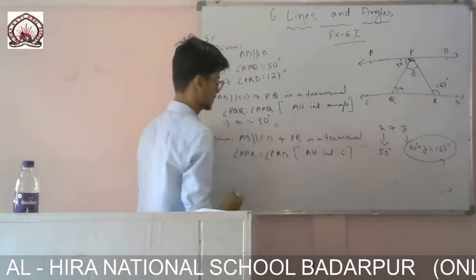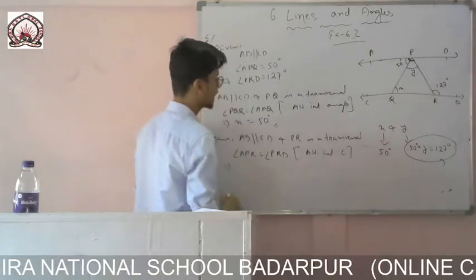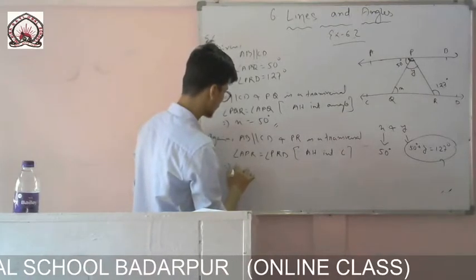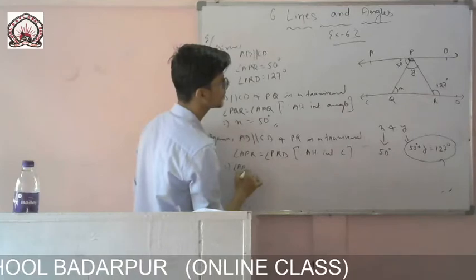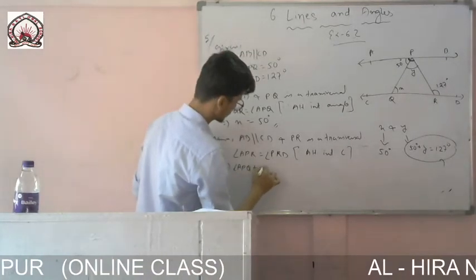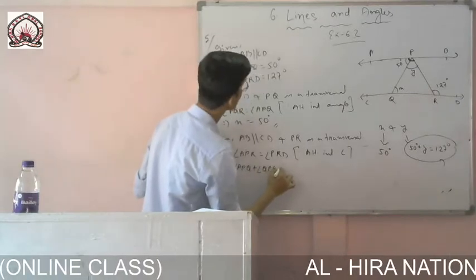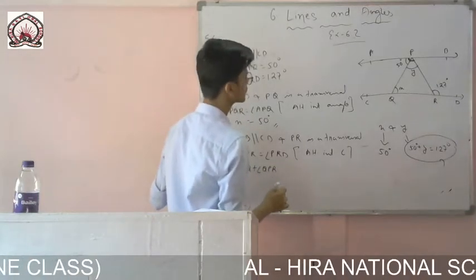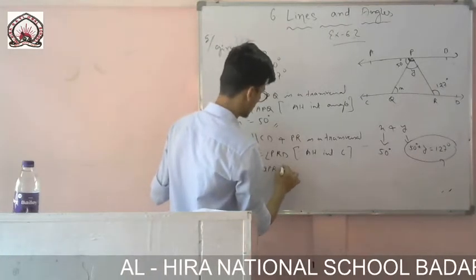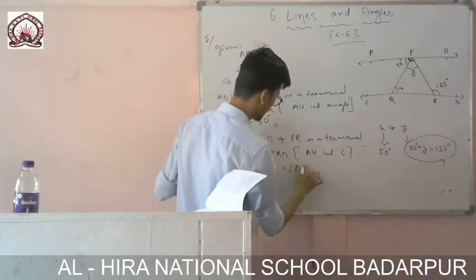Okay, you write it in full. So APR I can write as angle APQ plus angle QPR. APQ plus QPR equals angle PRD.